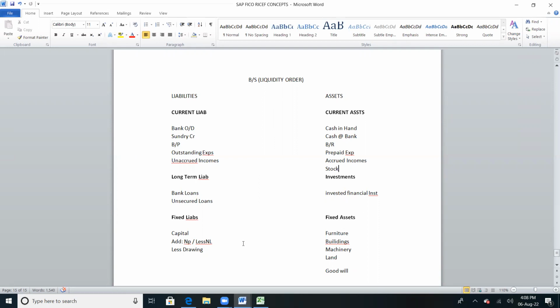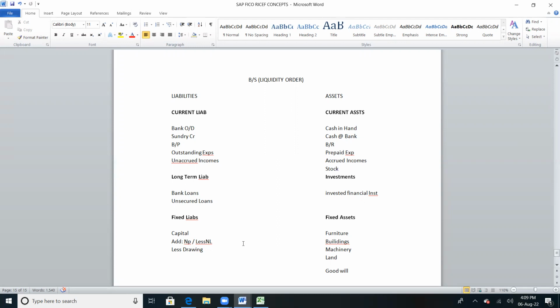Grouping is nothing but recording similar nature of items under one particular head. And marshalling is the order of writing: whatever groups we have made, we write them in one particular order. Chart of accounts is nothing but whatever accounts are involved in day-to-day transactions. We have seen cash in hand, cash at bank, furniture, building, purchases, sales, and all those. What are your accounts?